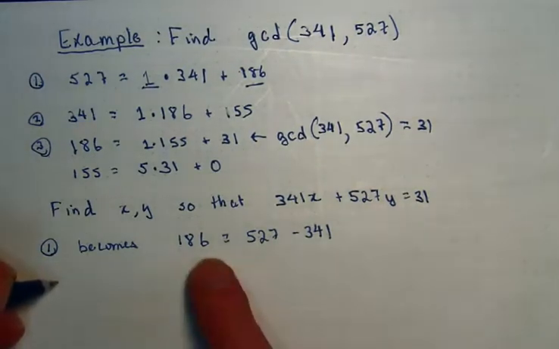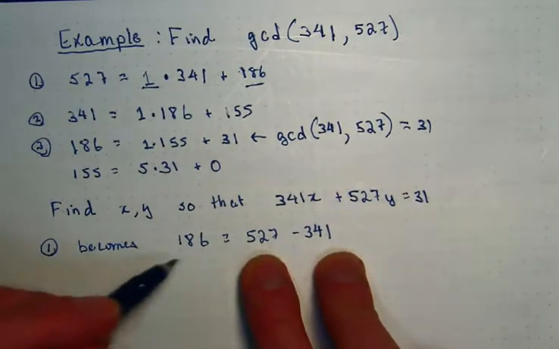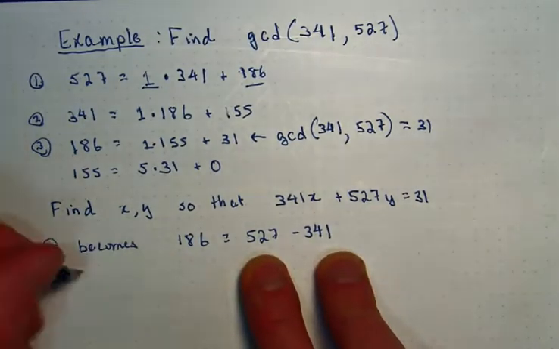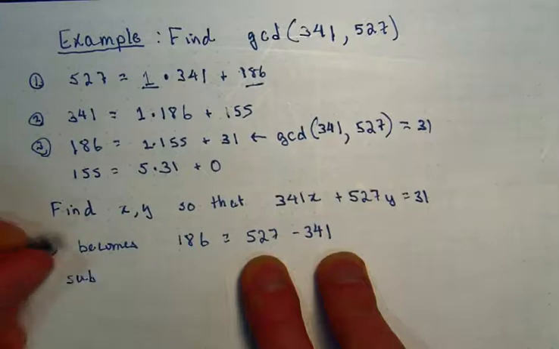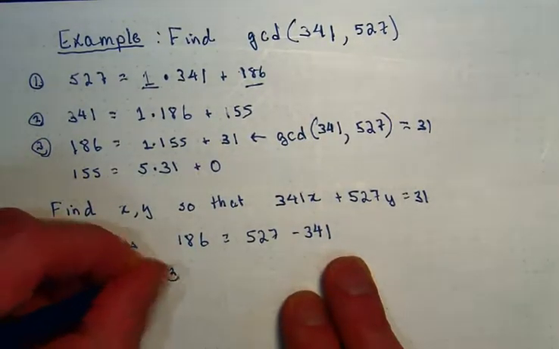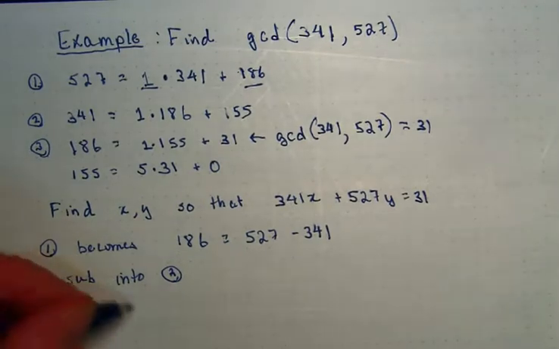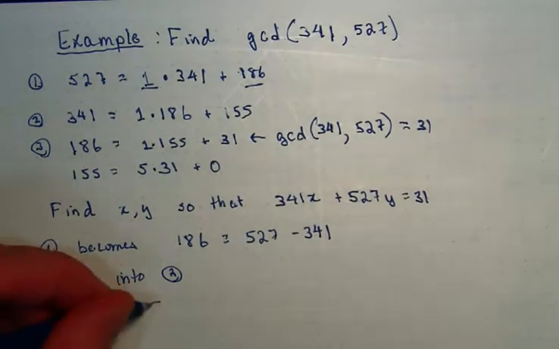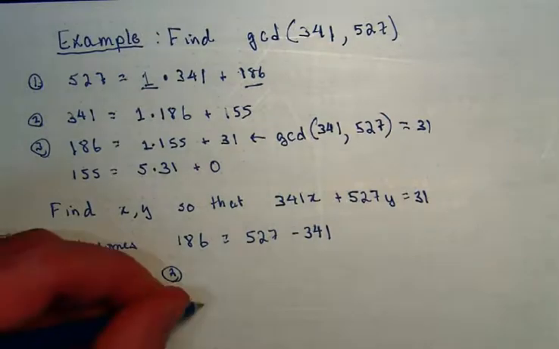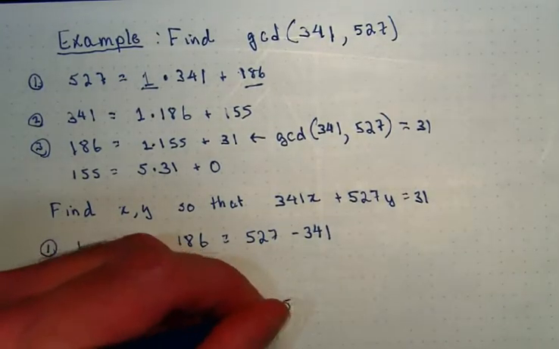Now, I'm going to substitute this expression on the right-hand side in for 186 in equation 2. So we're going to solve in equation 1 and substitute into equation 2. So equation 2 becomes 341 equals, not 186, we're going to write 527 minus 341 plus 155.